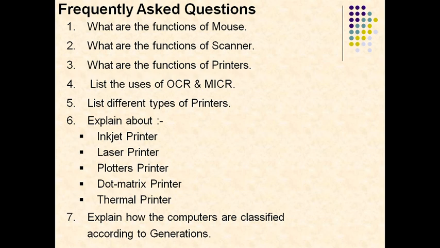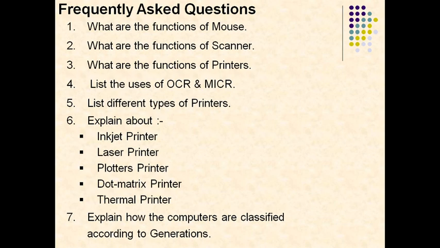Fifth question: list different types of printers. Sixth question: explain about inkjet printer, laser printer, plotter, dot matrix printer, thermal printer. Seventh question: explain how computers are classified according to generations.